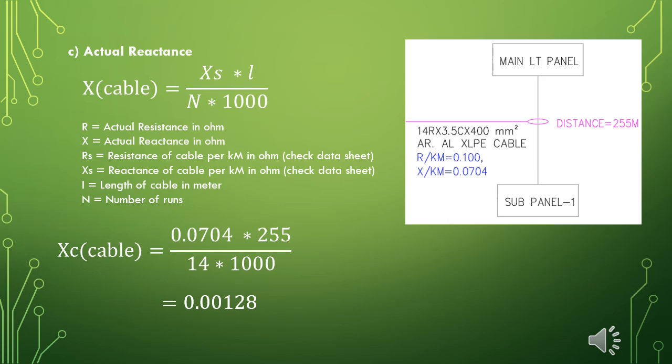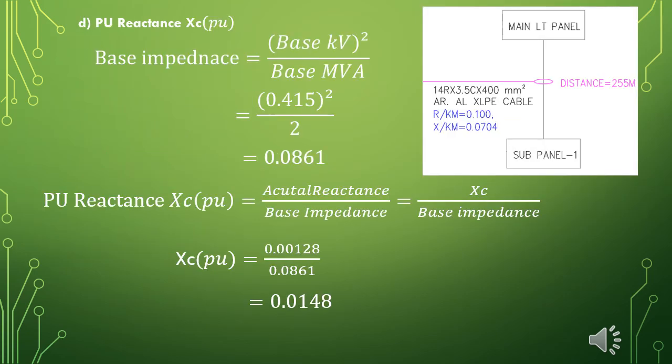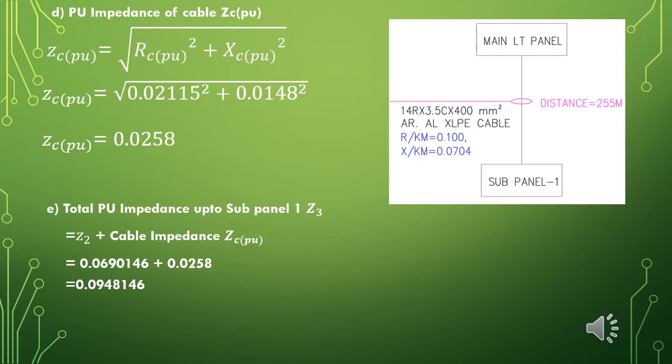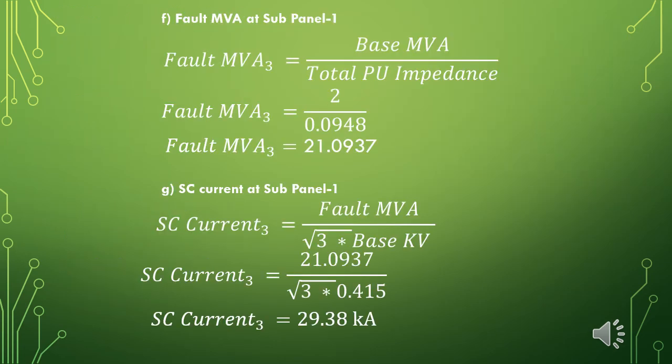Similarly, calculate actual reactance of the cable. Then calculate per unit reactance. Using the actual resistance and reactance values, we can calculate the impedance of the cable. The total impedance at sub-panel 1, Z3, can be expressed as Z2 plus cable impedance. Determine fault MVA and short circuit current at sub-panel 1.